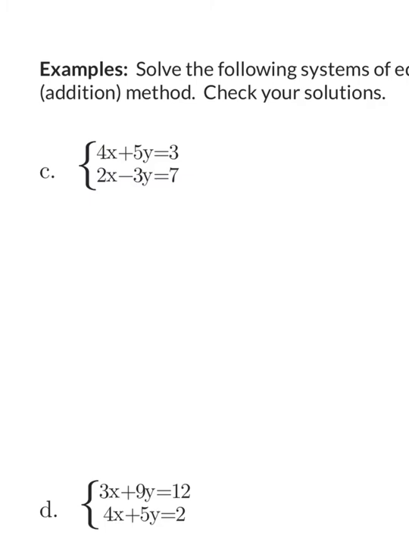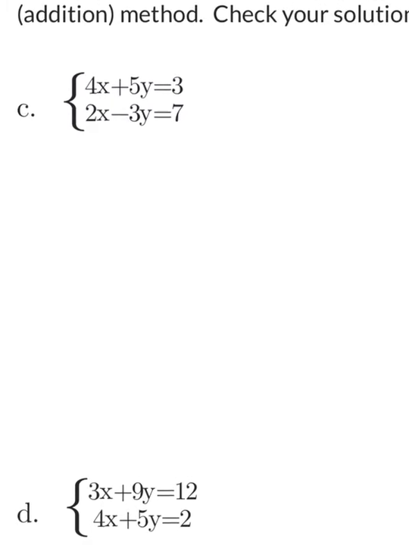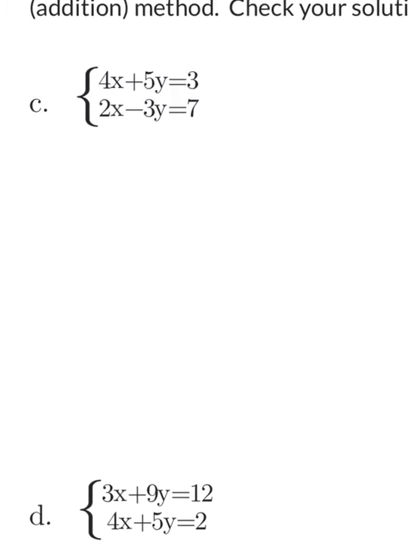I'm going to go ahead and show you both just to show you that it doesn't matter which one you pick. So the first thing I'm going to do is eliminate the x's. If we go ahead and eliminate the x's, what would be my least common multiple? Well, the least common multiple for 4 and 2 is 4.